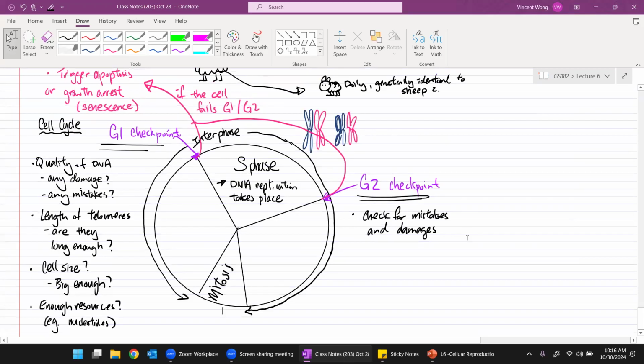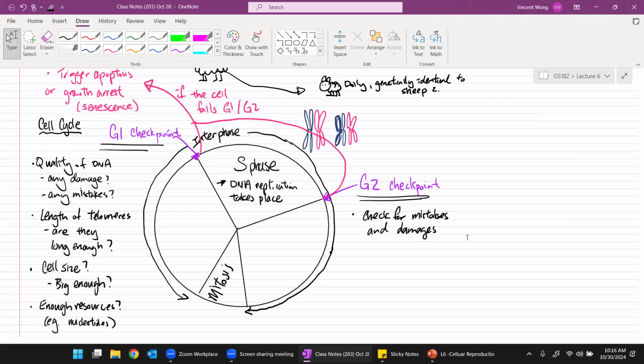Okay. So this is where we are moving next time. Next Monday, we will do the actual mitosis. There are 4 steps in it. And then we will look at what happens if the cell cycle checkpoints fail. Okay? Look, the checkpoint is supposed to stop the cell from moving forward if it has mistakes and damages.